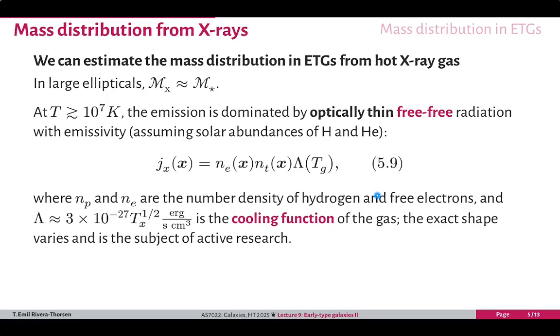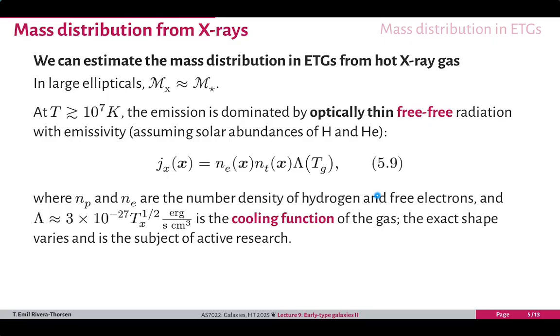Another method we can use to map the mass distribution is from X-rays, from hot X-ray gas in these galaxies. As I talked about in the last lecture, the ISM in early type galaxies is overwhelmingly dominated by ionized and very hot gas, like we're talking 10 to the 6 to 10 to the 8 Kelvin, compared to the much colder gas in star-forming galaxies.